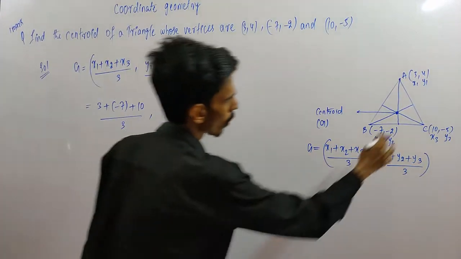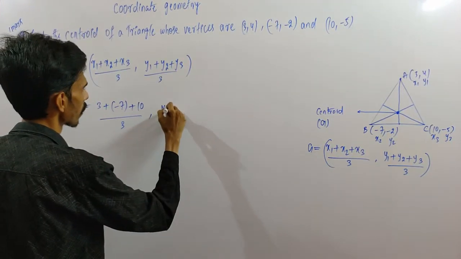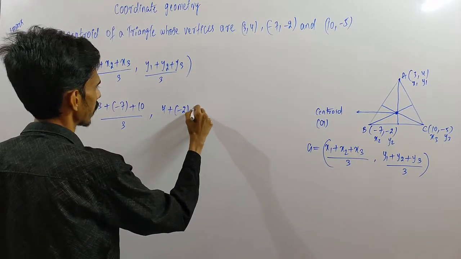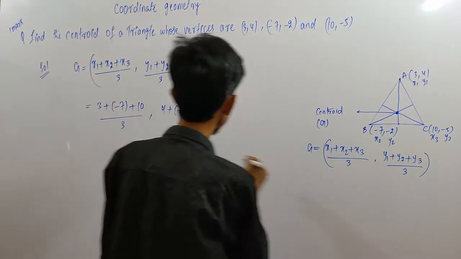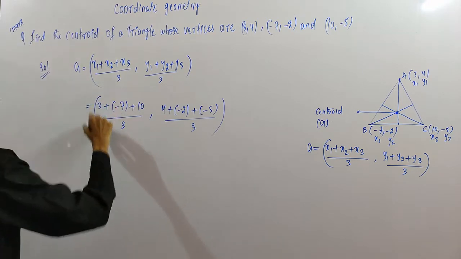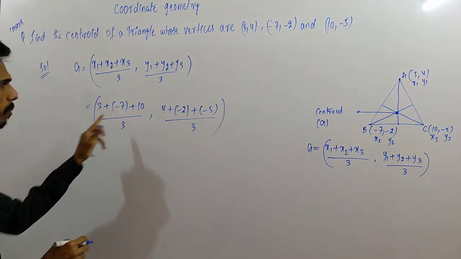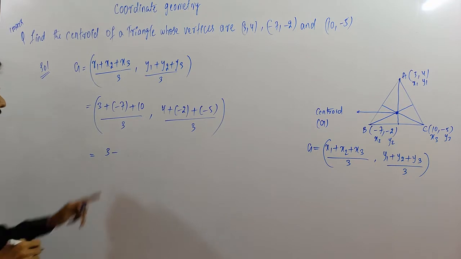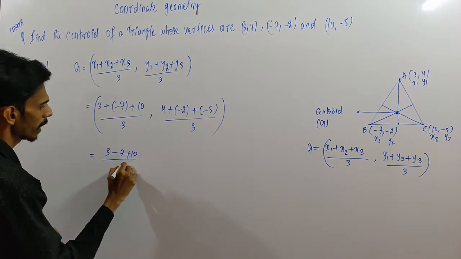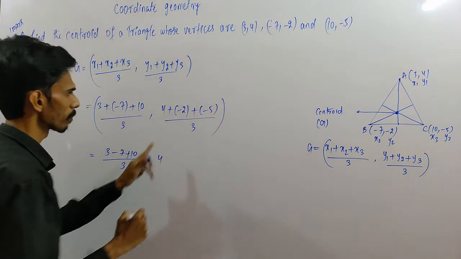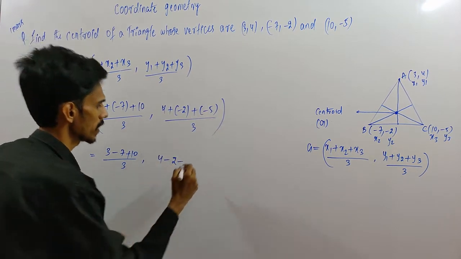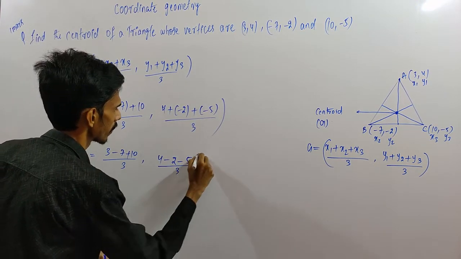Similarly, the y1 value is 4 plus the y2 value is -2, take bracket, plus the y3 value is -5, divided by 3. Now plus into minus gives a minus sign, so we have (3 - 7 + 10) divided by 3, and (4 - 2 - 5) divided by 3.